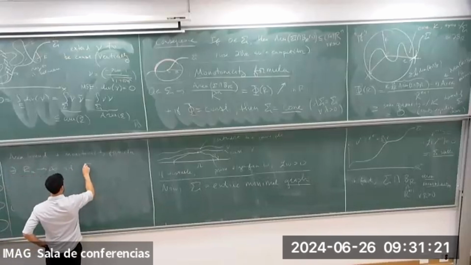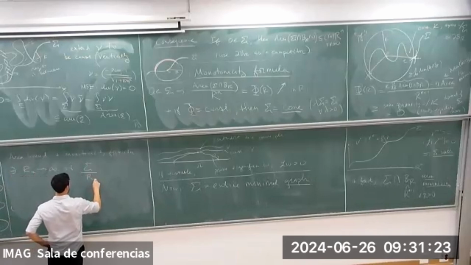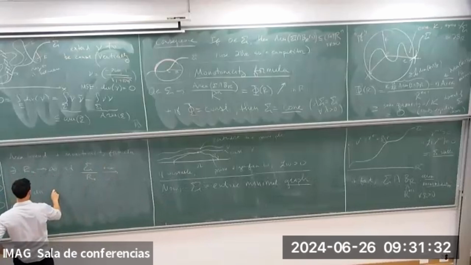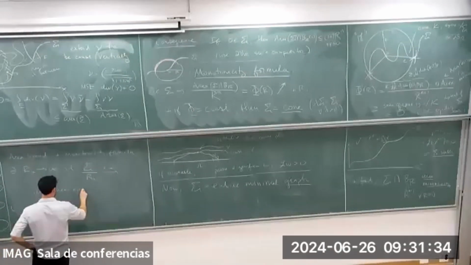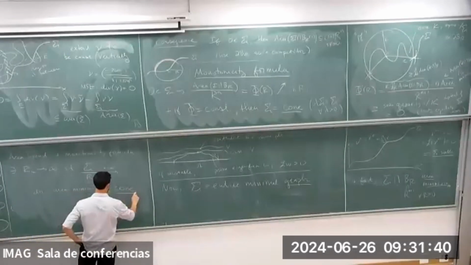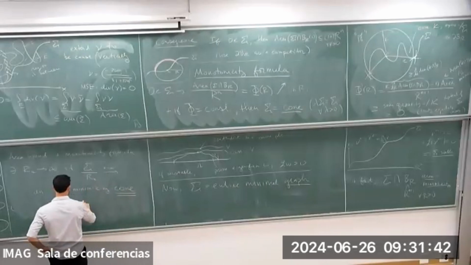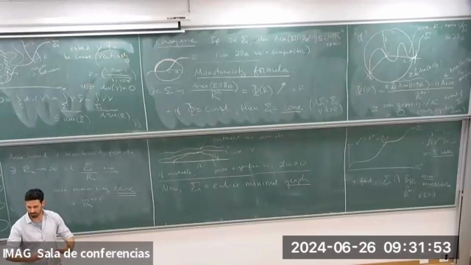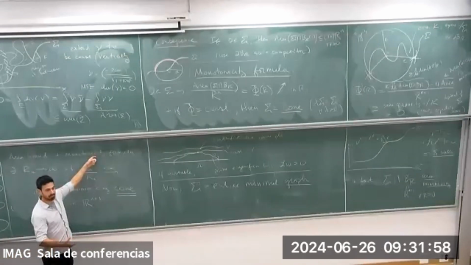such that sigma divided by Rk converges to an area minimizing cone. The area bounds are basically used in order to get convergence of some subsequence to an area minimizing object, and the monotonicity formula will tell you that the limit is a cone.